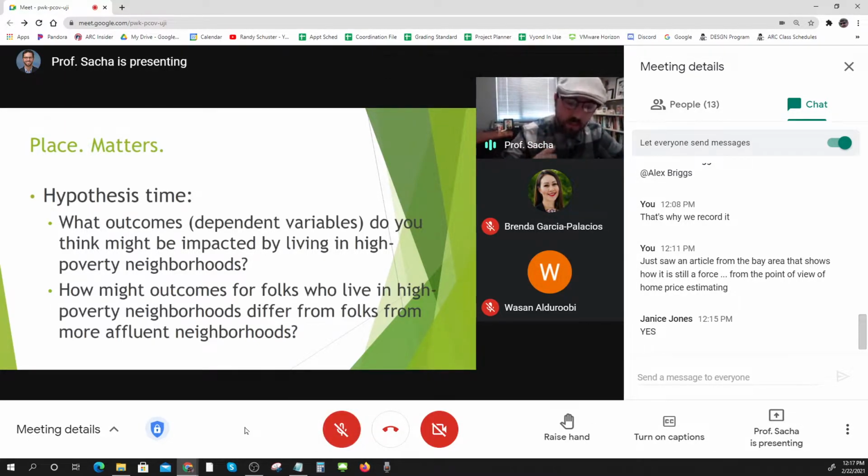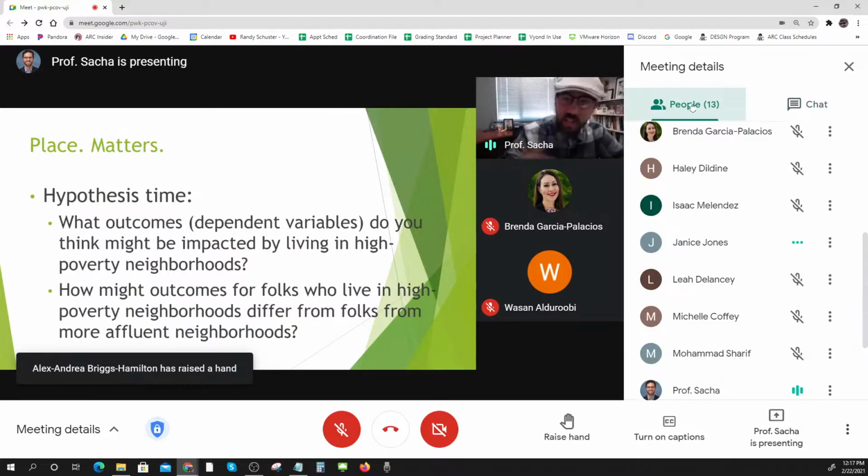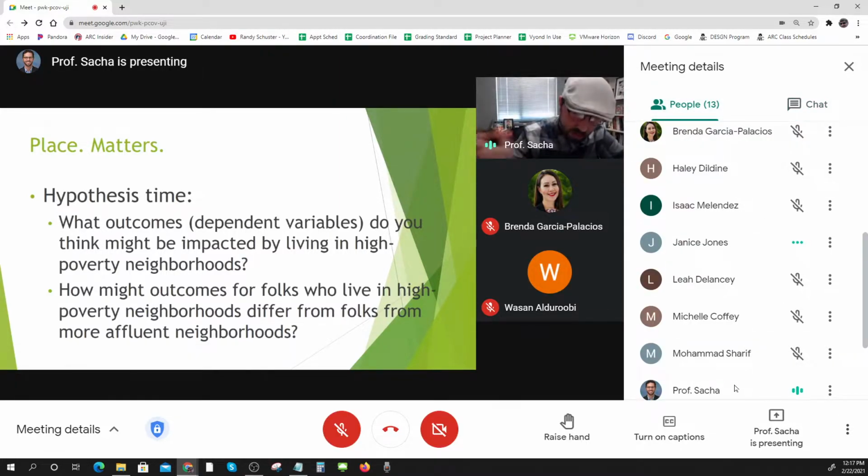Absolutely. It limits how far away your job can be, for example. Or for folks who rely on a spotty public transportation system, it increases the things that can go wrong on your way to work. It increases the chance that you might show up late and get in trouble, something like that.